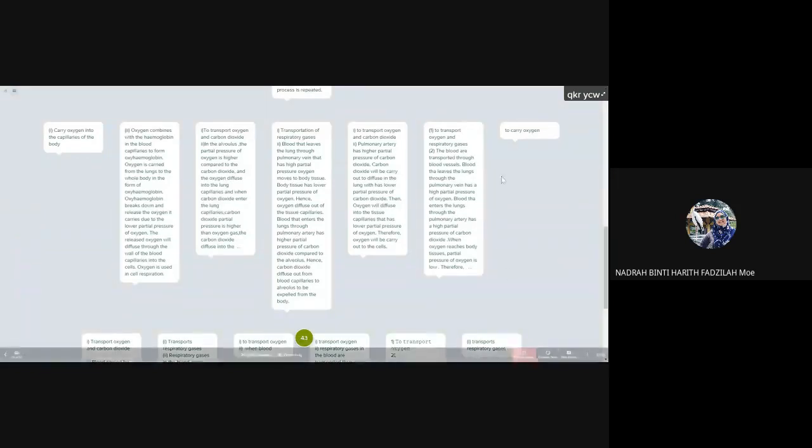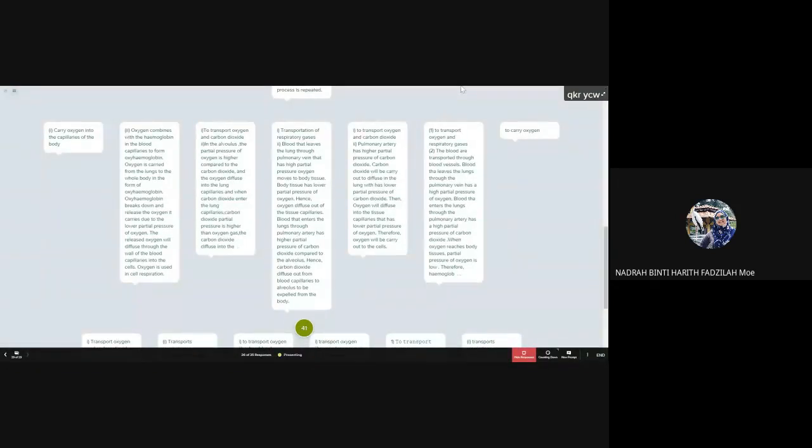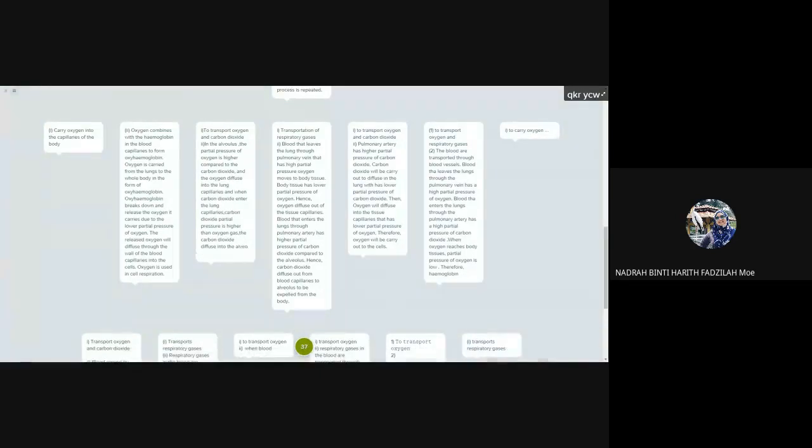I agree with you when you use sequence words yang menunjukkan sequence ya, macam first jadi apa, then jadi apa, next jadi apa, therefore jadi apa, to conclude jadi apa, which is good. It is good for soalan-soalan mechanism like this lah.